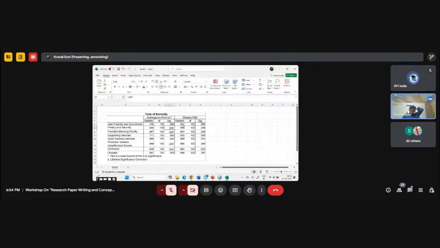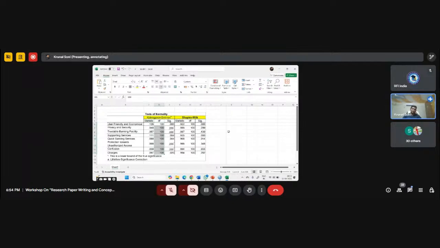Right. So here, first of all, how much data do you have? 100. And there are two types of test, Kolmogorov-Smirnov and Shapiro-Wilk. Which test are you going to apply? To decide, you have to see the sample size, so you have to see this degree of freedom, right?